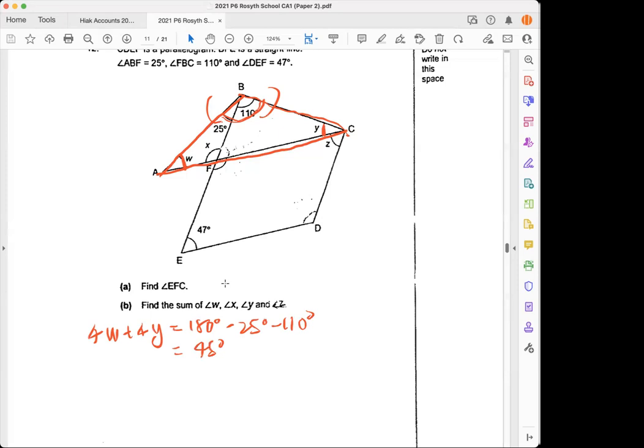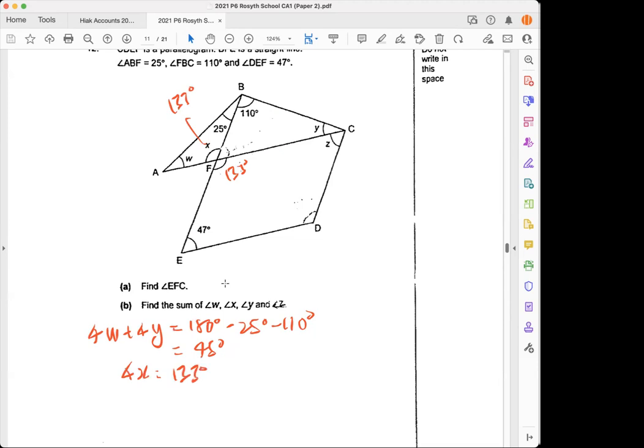Right? So you get W and Y. Now you try to get X. X is, as we calculated earlier, this is 133, right? This is 133. So X has to be equal to 133 also. So angle X is equal to 133.